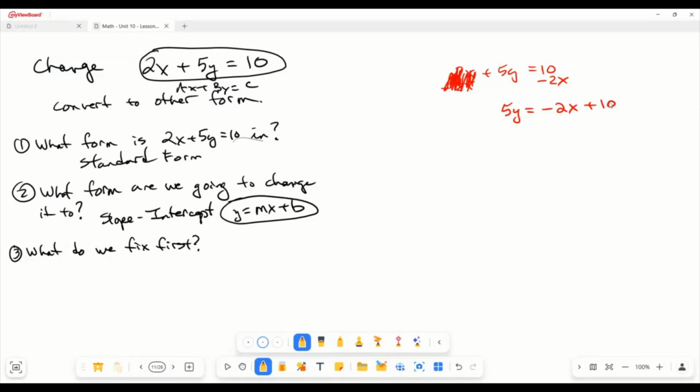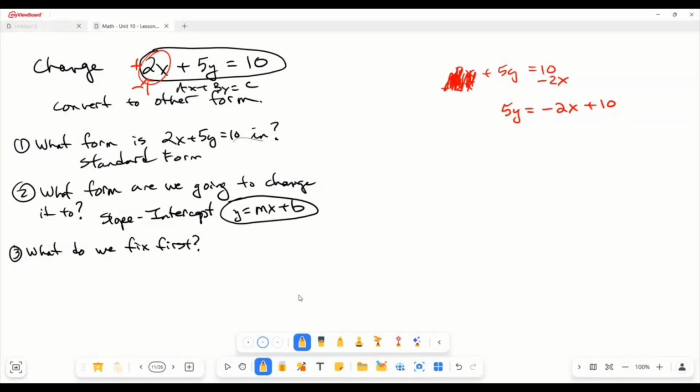So we got the x on the other side. Every single one of these problems, you are going to subtract, because the x term has to be positive if it's in standard form. It is always going to be positive. So the first step is going to be to subtract however much x is there.